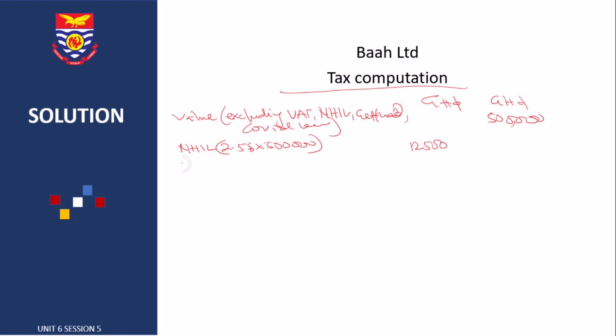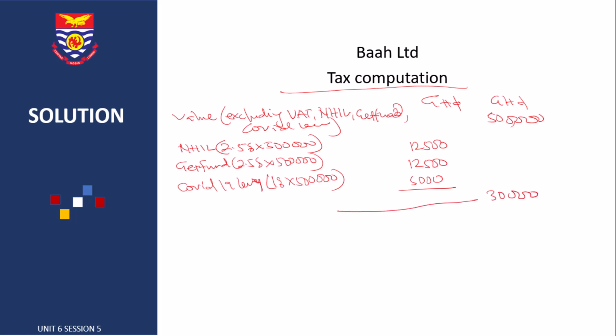Then we also have to do GETFund: 2.5% times 500,000, and this also gives us 12,500. Then we have the COVID-19 levy, which is 1% times 500,000, and this is giving us 5,000. So when we add these, we are going to get 30,000. And we can name this total levies.